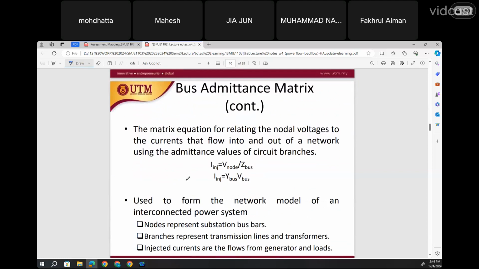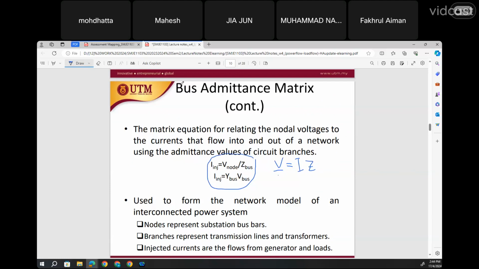All right. The matrix itself comes from the relationship of voltage and current, and you know that the relationship of voltage and current leads you to a law known as Ohm's law. So what you see over here is basically Ohm's law: V equals IZ, or IR. In order to get the current, voltage must be divided by the impedance.